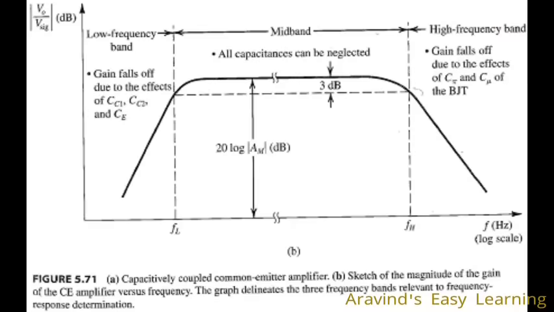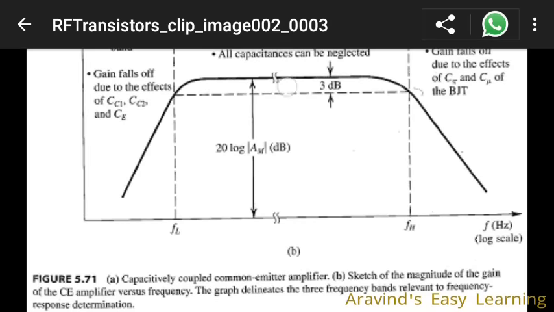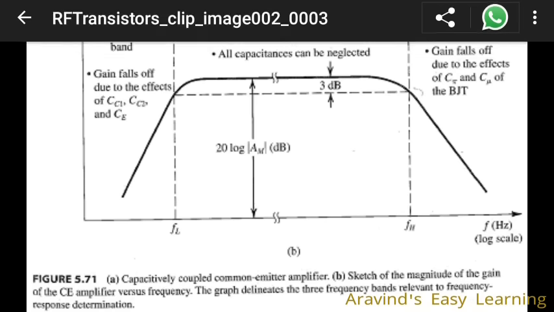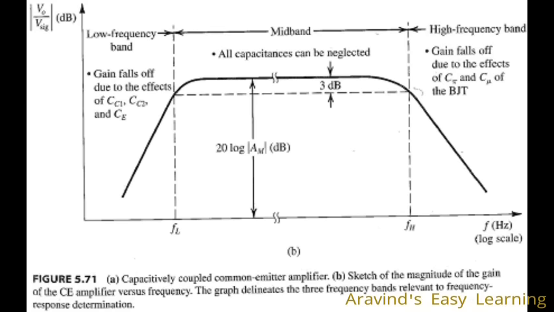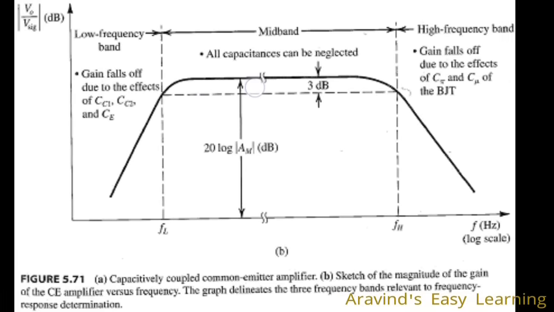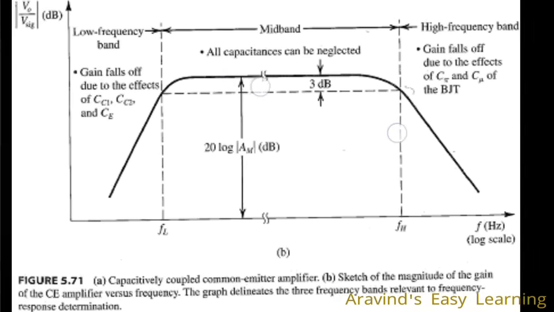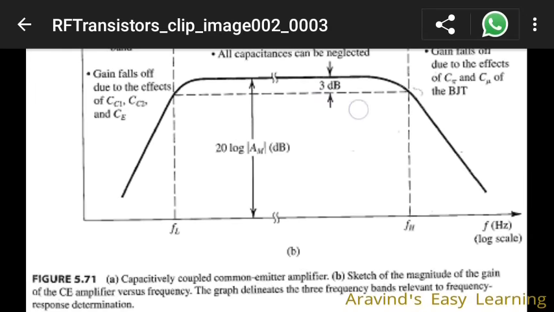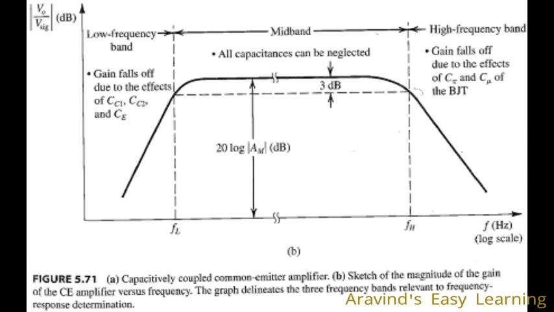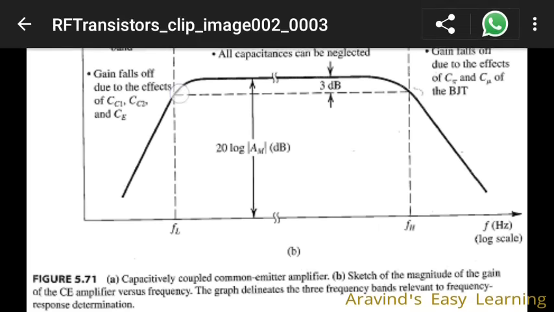Now, this done, what's here? See, in this region between FL and FH, these effects almost cancel each other. There is not very much low frequency effect, or very much high frequency effect, so we get practically a constant gain between these two frequencies.